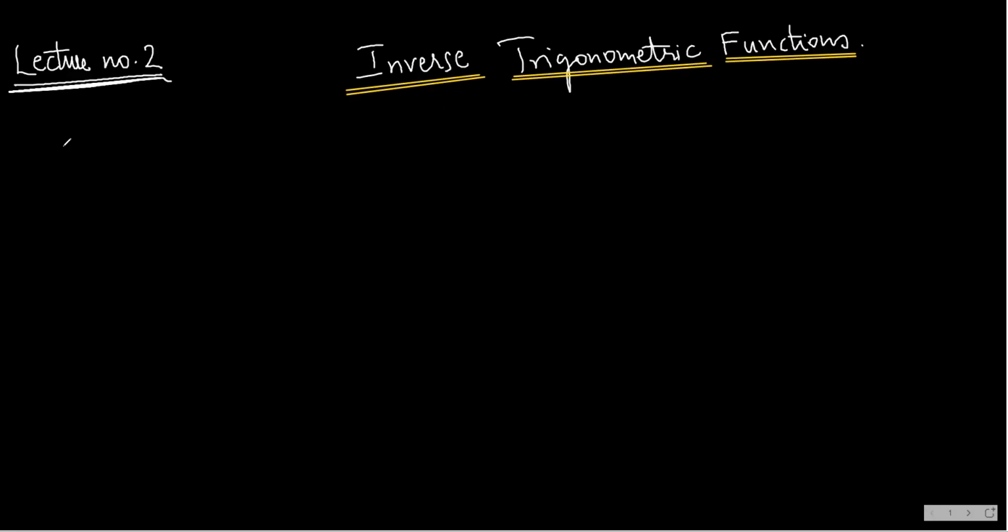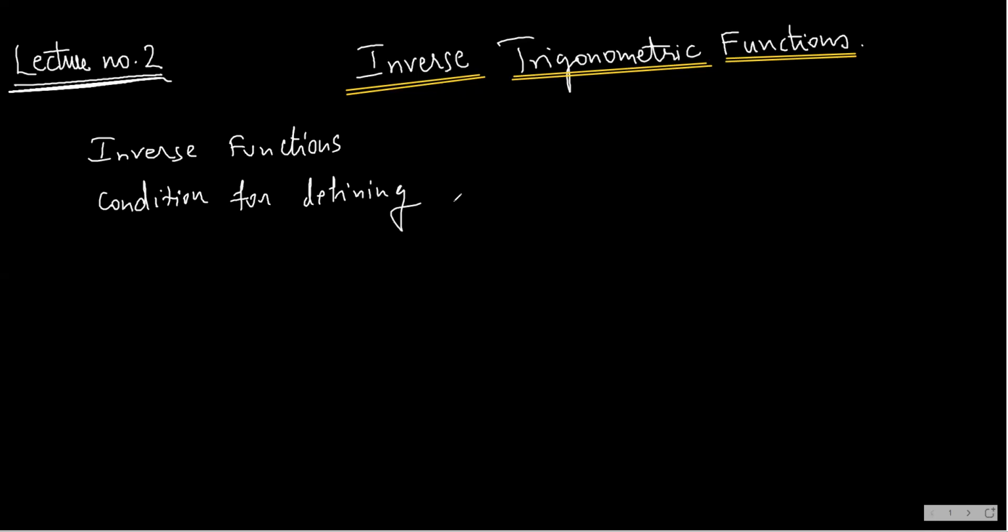So let us start with the second lecture of inverse trigonometric functions. In the first lecture, I gave you the definition of inverse functions. I taught you what inverse functions are, and then I gave you the condition required for defining the inverse of a function.